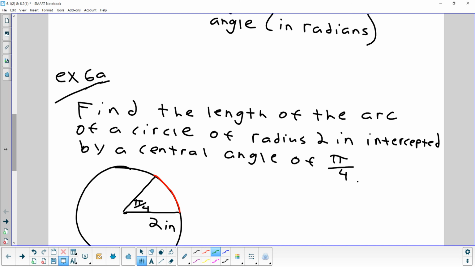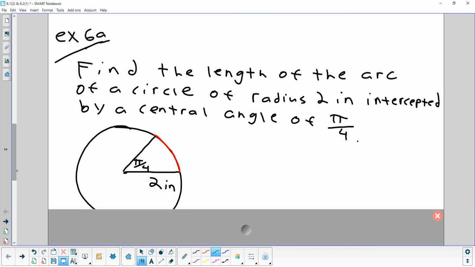What is that pi over 4? Is that degrees or is that radians? Yeah, it's radians. If it was degrees, you'd see a little circle. We don't have the little circle. So, find the length of the arc.